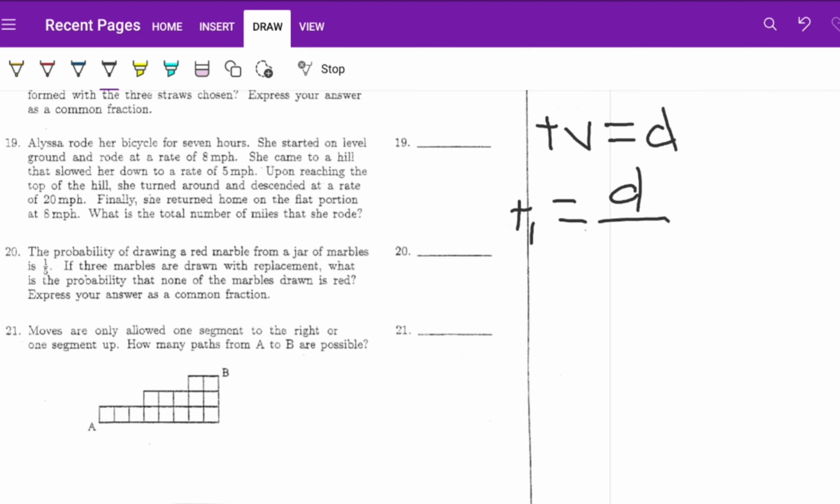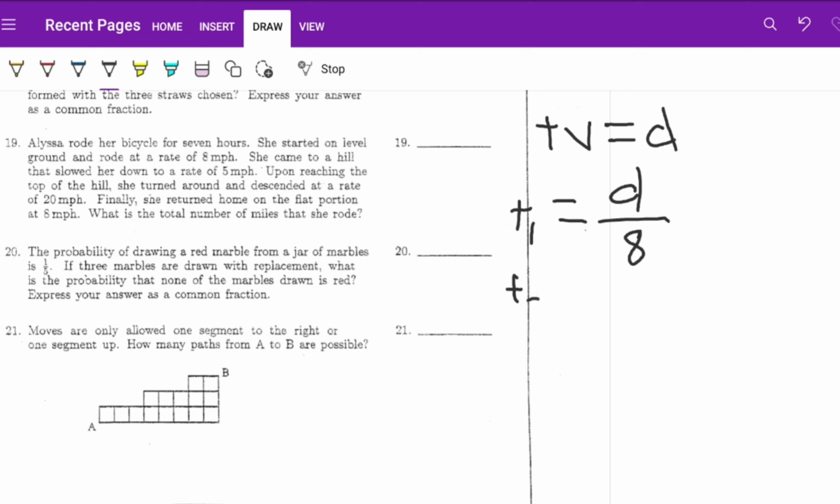So D is the distance of the level ground, and she rode at a rate of 8 miles per hour. So the time T1, the time she rode for the first portion, is equal to D over 8.